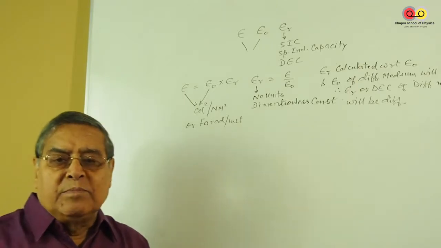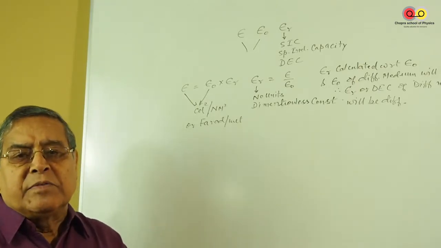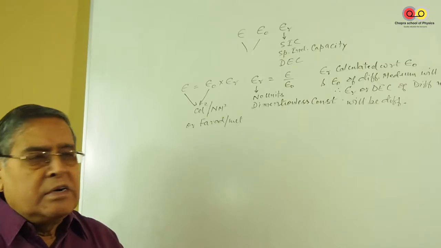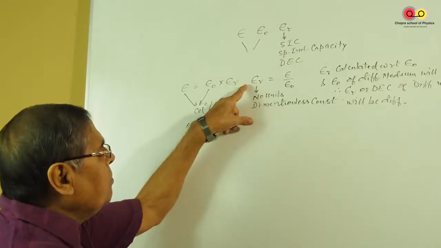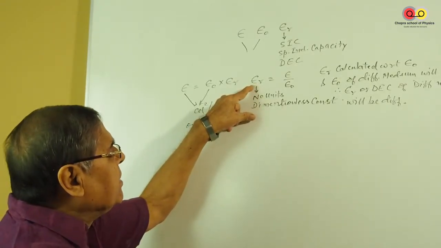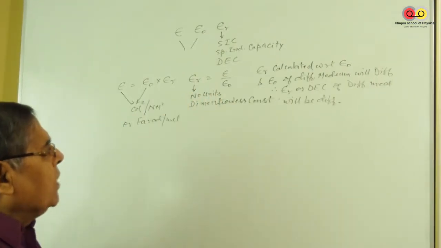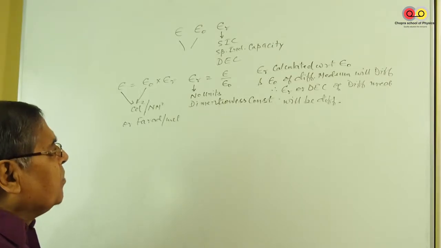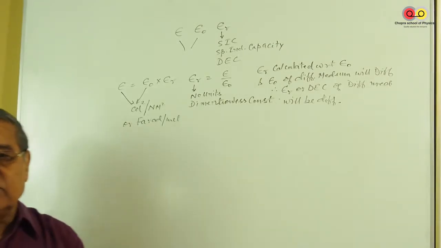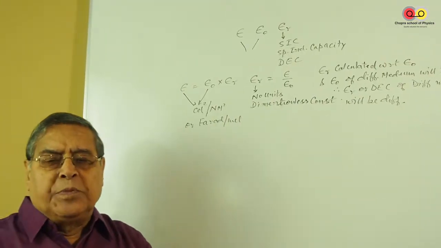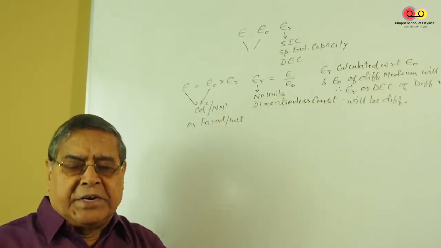So if the absolute number changes, the relative number will also change. Now, we must know what the relative permittivity of air medium with respect to absolute permittivity should be, and what the range of dielectric constant and permittivity should be.